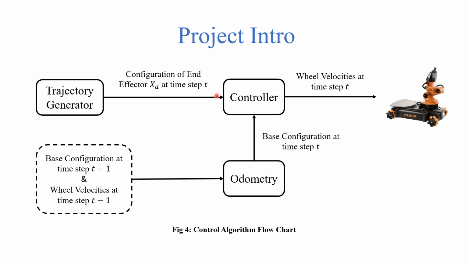Now this right here would be a reference to the controller, which is going to receive an estimation of the configuration at this time step from the odometry block. Now the odometry block actually uses the configuration at an earlier time step and the wheel velocities at the earlier time step as well. The controller uses the current configuration and the desired configuration of the end effector to compute the wheel velocities at time step t.